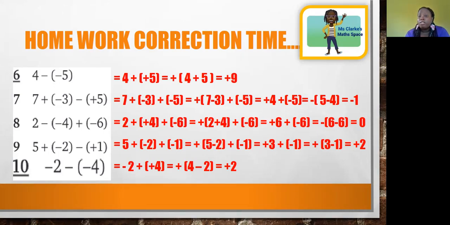And then we're going to have the +4 added to -5. And then when we apply our rules of addition with different signs, a positive and negative sign, we find the difference of the two numbers and we keep the sign of the bigger number. And that's how we get -1.